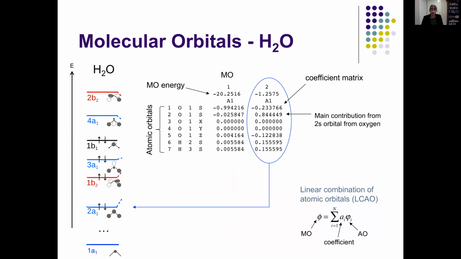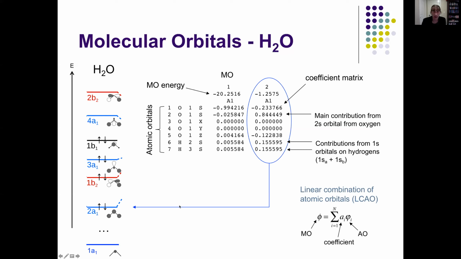We can move on and look at our second molecular orbital. Again, taking a look at all the coefficients that show up. In this case, our highest coefficient is here. This is that 2s orbital of oxygen. That's our primary contribution, but it's not, of course, the only contribution. One thing to note is that we definitely have contributions from the 1s orbitals on the hydrogens, so that 1sa and 1sb.